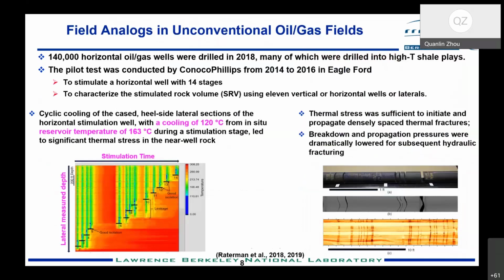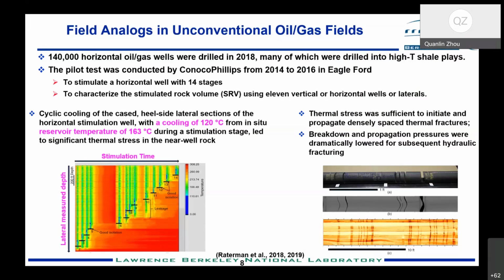The left figure shows cyclic cooling of the cased heel section of a horizontal well during 14-stage hydraulic stimulation in the high temperature Eagle Ford. The cooling is up to 120 degrees C, and I believe thermal fracturing occurred.